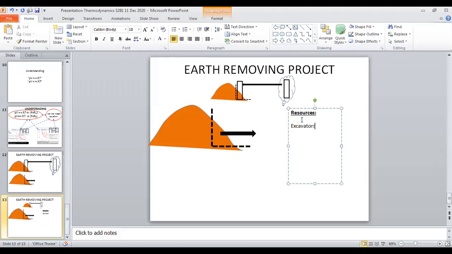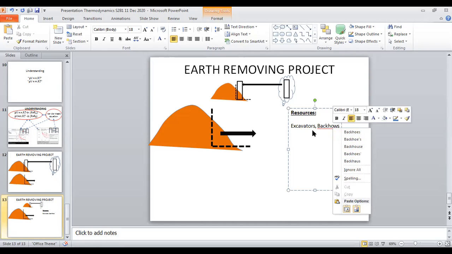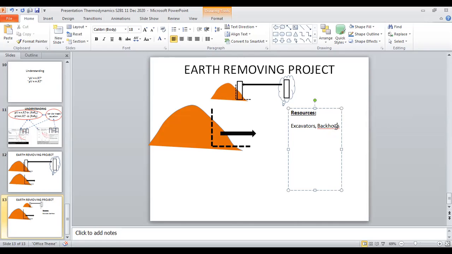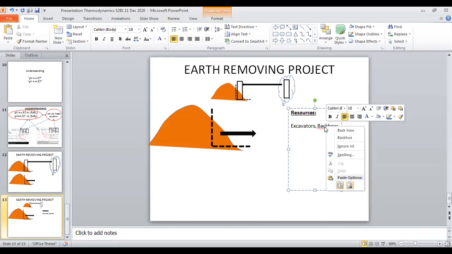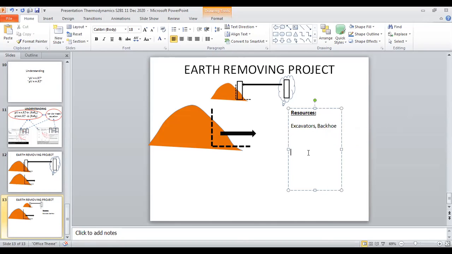You need to excavate the earth, and backhoes. Excavators, backhoes, based on the size of this.